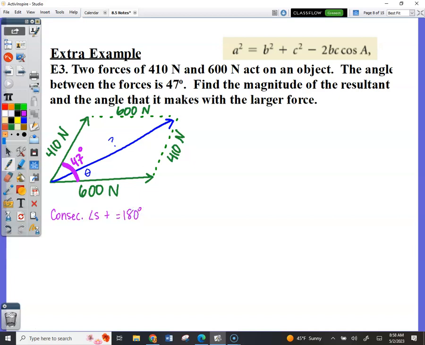So if this small angle is 47, then this angle over here is going to measure what? 133, right? So I'm going to come in my picture and label that this is 133.